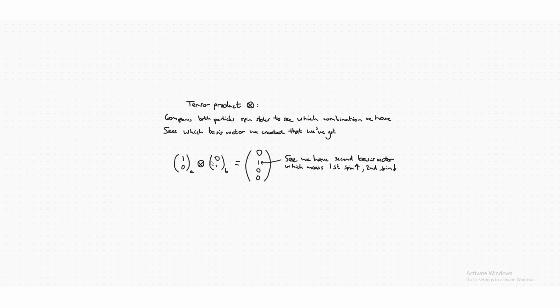The way we apply the tensor product is we first take the first component of the first vector and multiply it by the first component of the second basis vector, so 1 times 0, and that will give us 0.